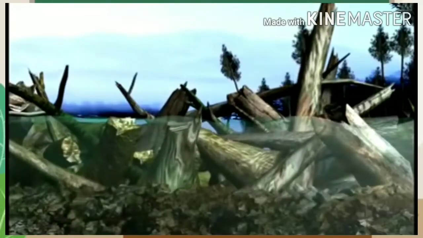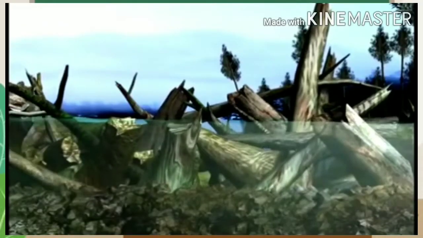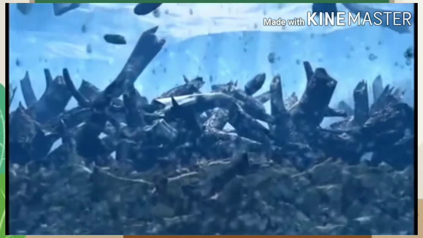Natural processes caused the plants in marshes to constantly accumulate layer upon layer.